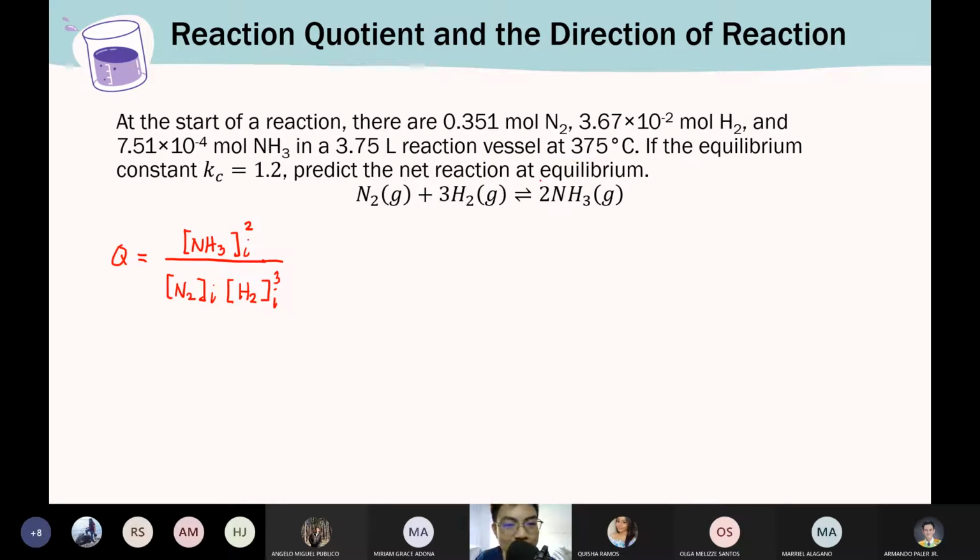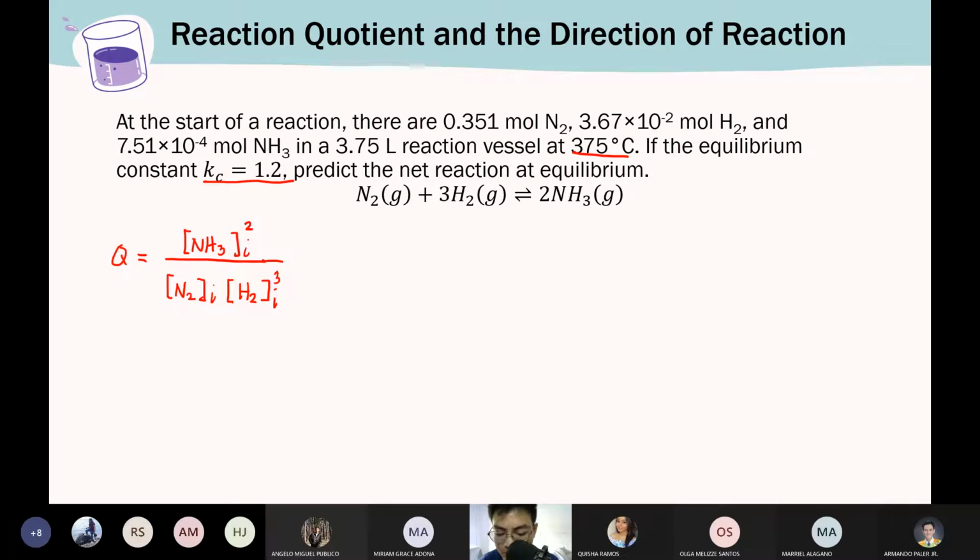Sir, para saan po yung temperature? Remember, yung ating K, nagbabago-bago yung value niya, di ba? Depending on the temperature. So, kailangan mo talaga isama yung temperature when you are going to state an equilibrium constant. Okay? So, ano yung logic natin dito? Ba't kailangan yung temp na? Kasi, for example, yung K ng pagkapanis ng food ay mababa kapag malamig.